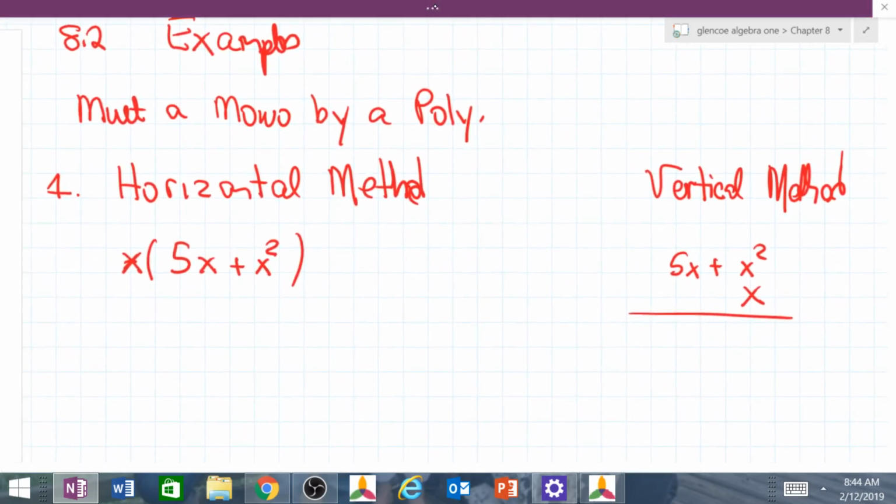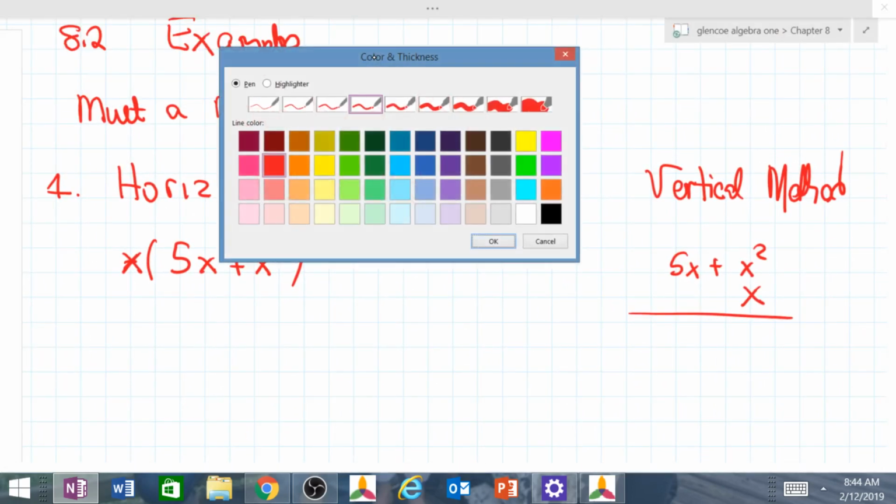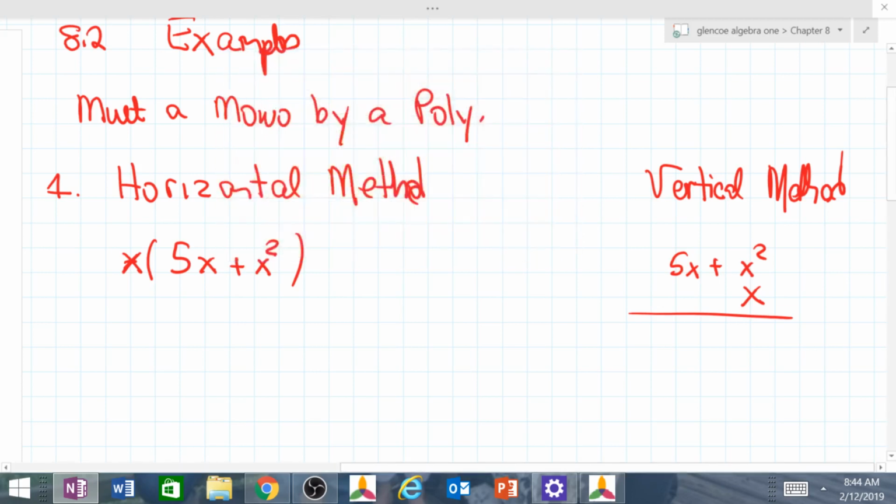Okay, so to use the horizontal method, again, it's an extension of the distributive property. And to use the distributive property, we are going to multiply the first term times everything inside of our parentheses.